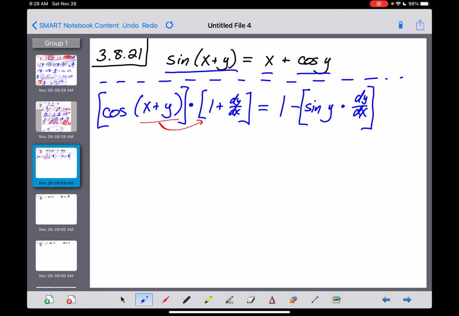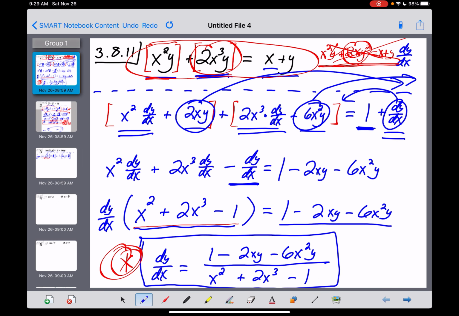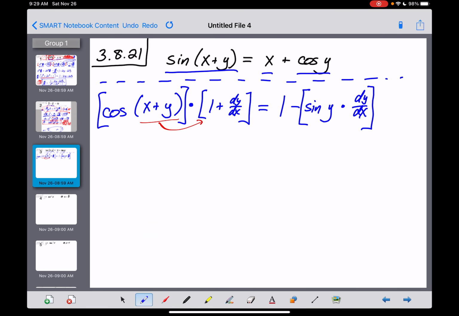Okay, so this gets kind of interesting now, and as I recall, I remember why people asked this question in the past. This left side is tricky. What we need to do, guys, is get this thing in expanded form and then isolate the dy dx all by itself, usually by factoring and then dividing, very similar to what we did in problem 15 and problem 11, if you worked on those ones yet. What makes this one hard to do is that left-hand side.